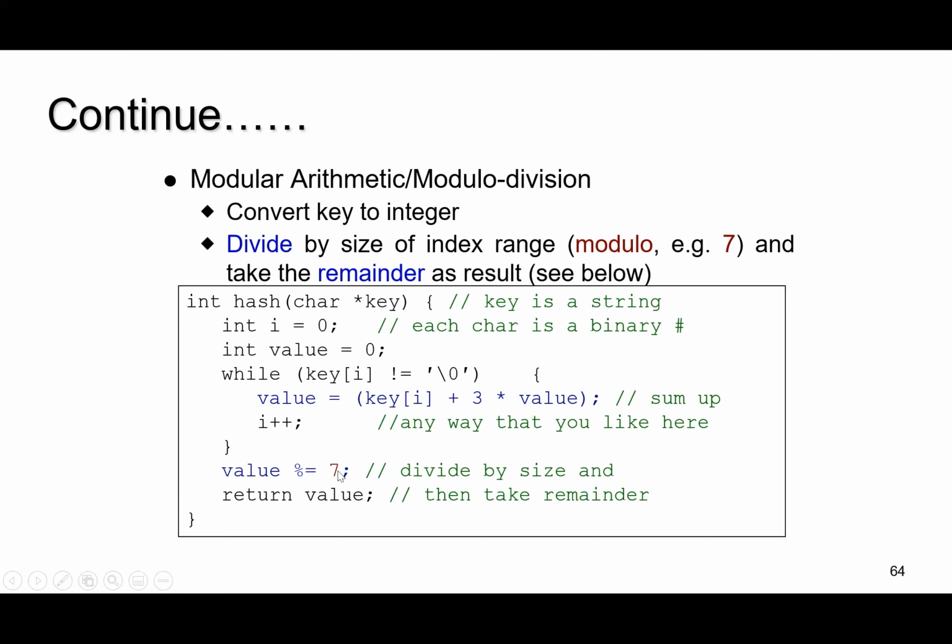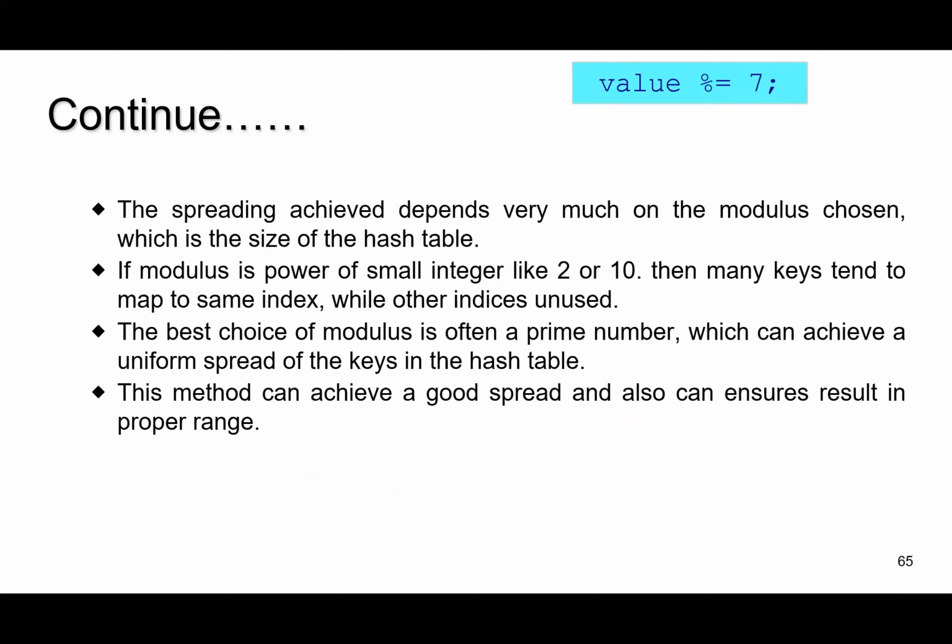So I will modulus with 7 so that the index I get is from 0 to 6, within the size of my hash table. Let's see this method, the spreading, meaning whether it can distribute evenly throughout your hash table or not. It depends very much on the modulus that you choose.